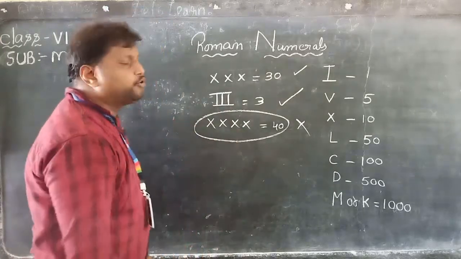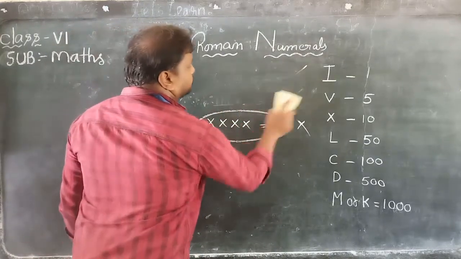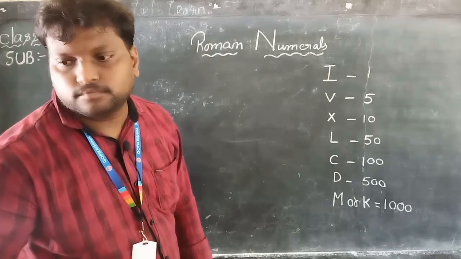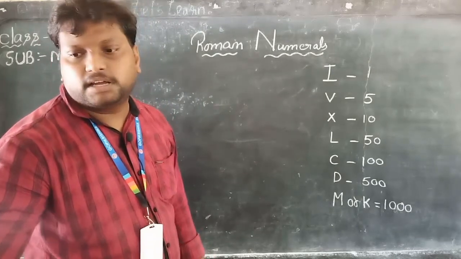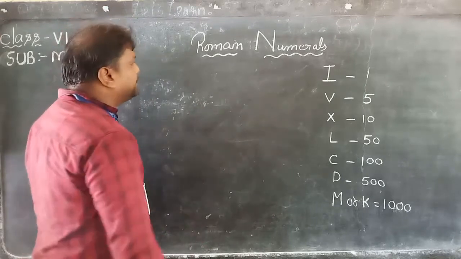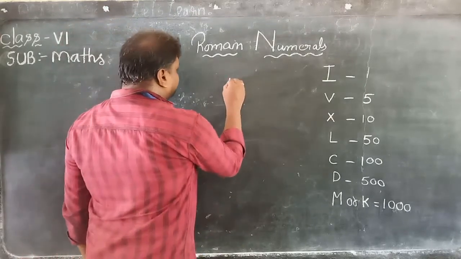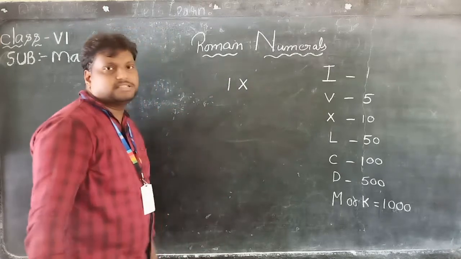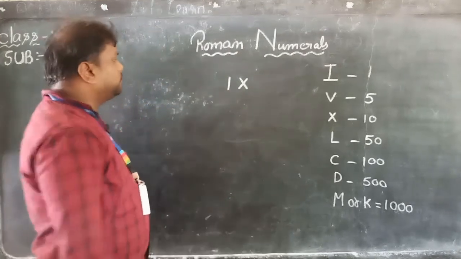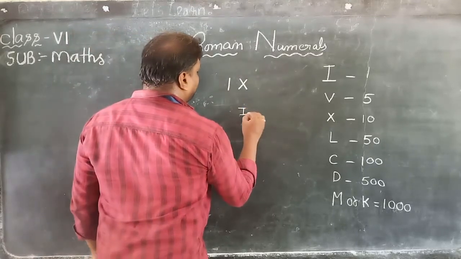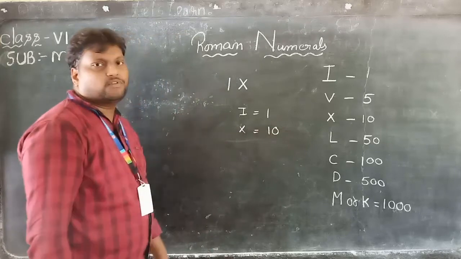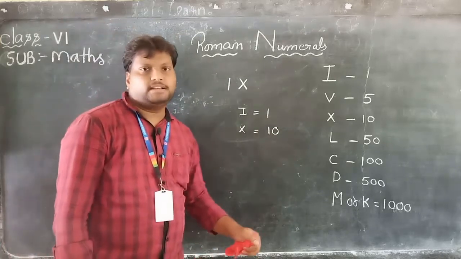Next, the third rule. For example, take any number. I is equal to 1 and X is equal to 10.